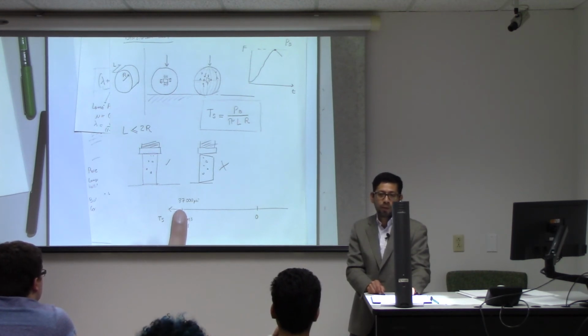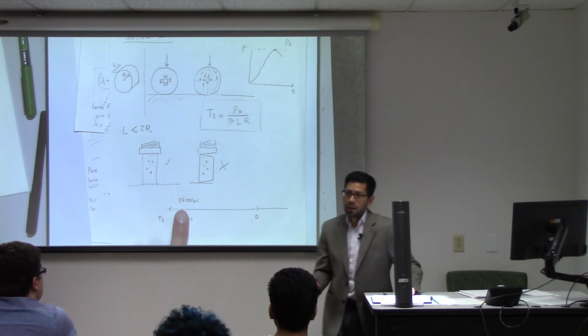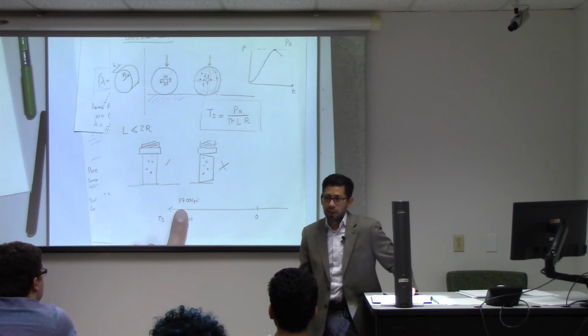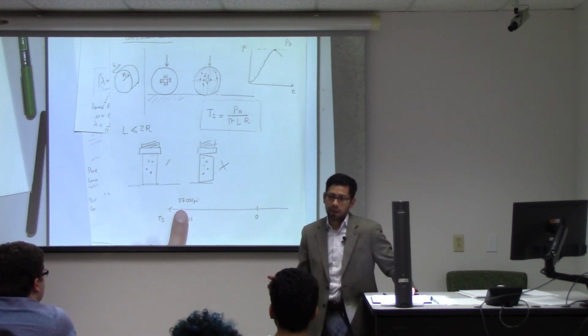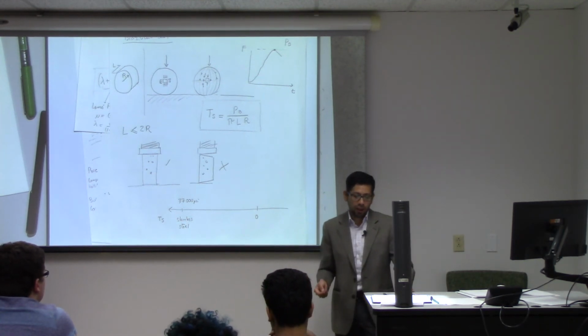No. A little bit less than that. It's going to be half of this. So it's going to be like 18 tons. Let's say one car is 1 metric ton. So you can hang 18 cars from a stainless steel rod without breaking.